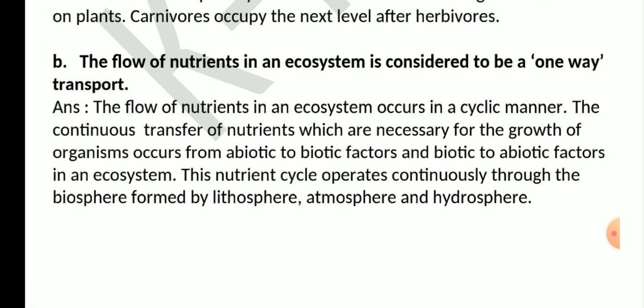Second, the flow of nutrients in an ecosystem is considered to be a one-way transport. Answer. The flow of nutrients in an ecosystem occurs in a cyclic manner. The continuous transfer of nutrients which are necessary for the growth of organisms occurs from abiotic to biotic factors and biotic to abiotic factors in an ecosystem.